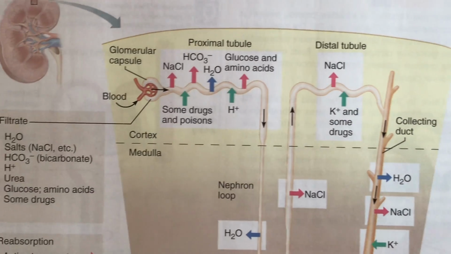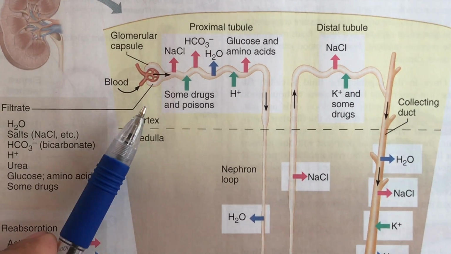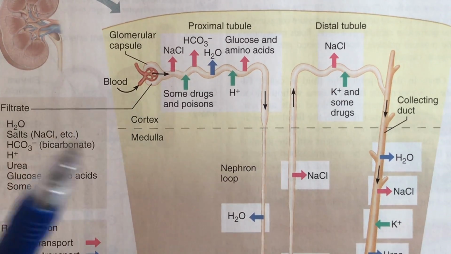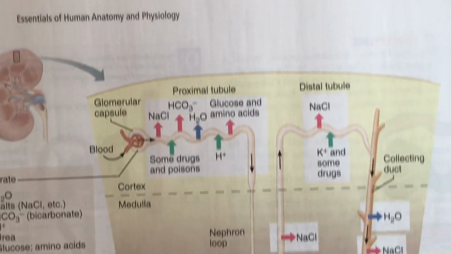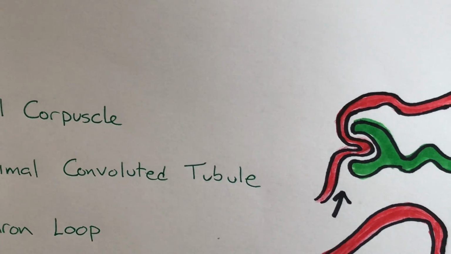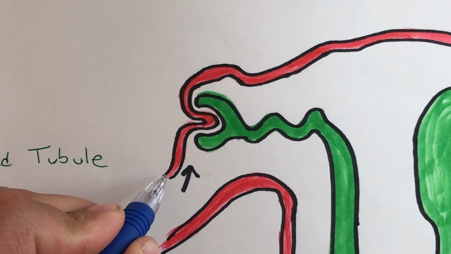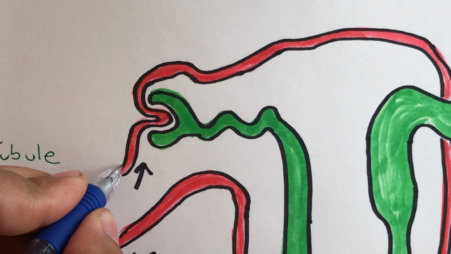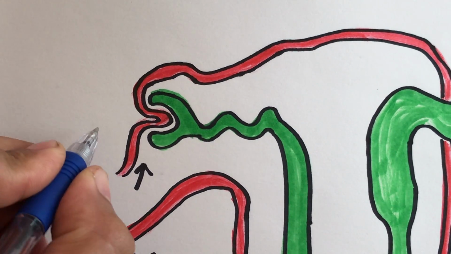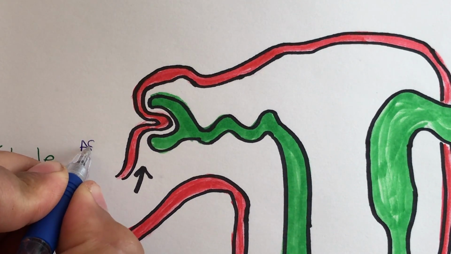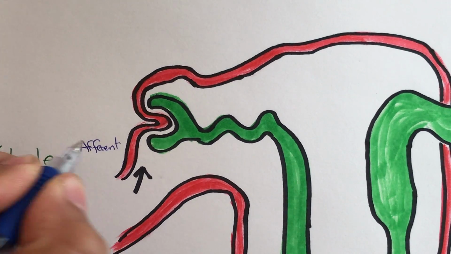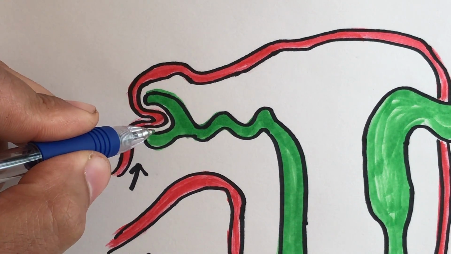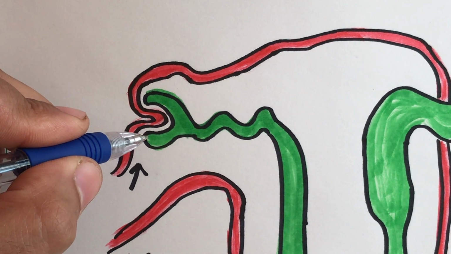When fluid enters, it enters first through blood vessels. This one here is called the afferent vessel. Afferent. That's the afferent. It's going towards the nephron. Afferent meaning going towards.